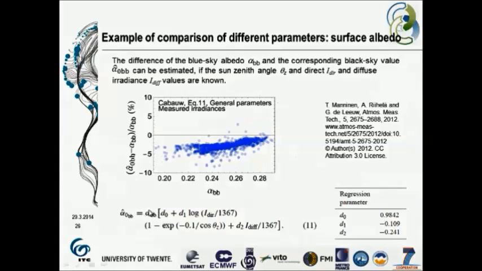So you need to have the blue sky albedo and these direct and diffuse radiation field components to get that. But it's a long day, so let's not go that much deeper into the details. I think we've all seen enough equations for this time.